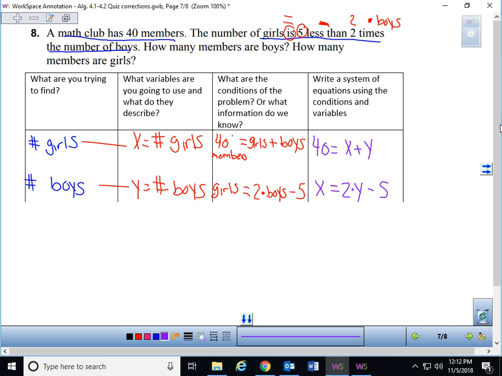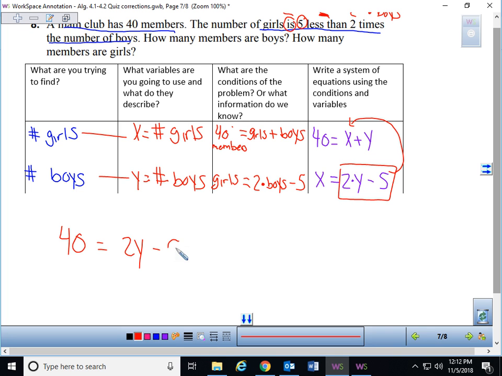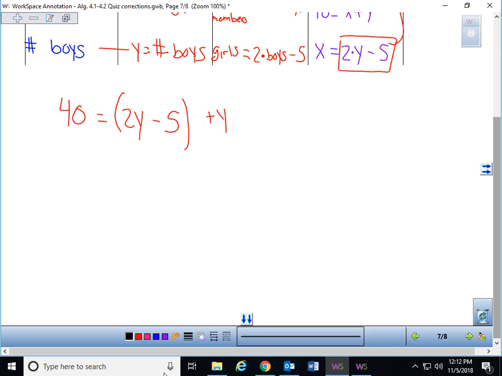This is now a substitution problem. One equation is solved for my variable x. I'm going to take what it equals here and plug it into the top equation. So this gives me 40 equals, instead of x, I'm going to have 2y minus 5 plus y. Let me put that in parentheses here.